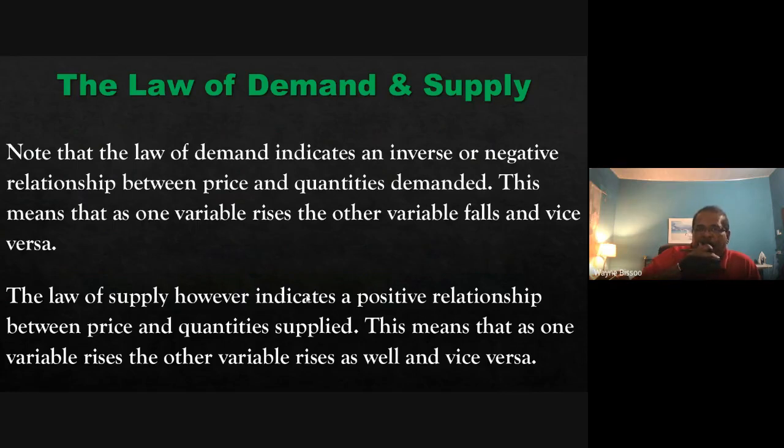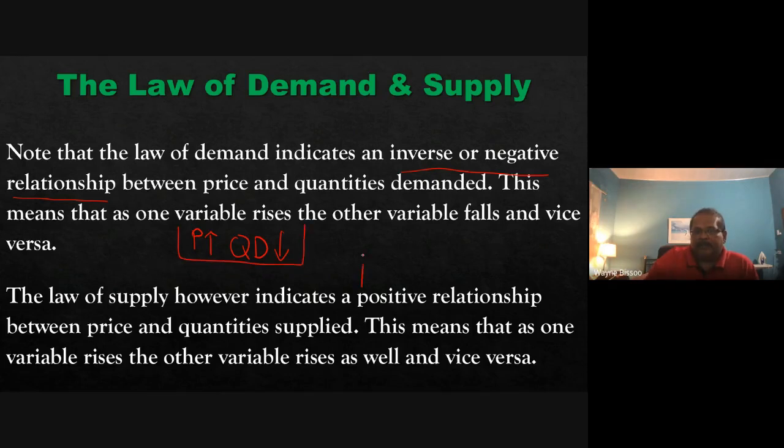All right. So this is the discussion that I did to think. The point I was trying to make here is that the law of demand is an inverse or negative relationship. That means that as one goes up, the other goes down. So as prices rise, the quantities demanded go down. Correct? That has to do with the relationship for demand.